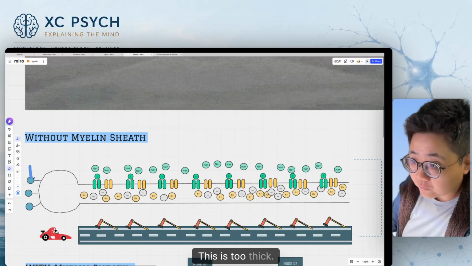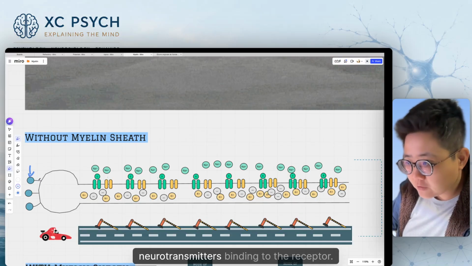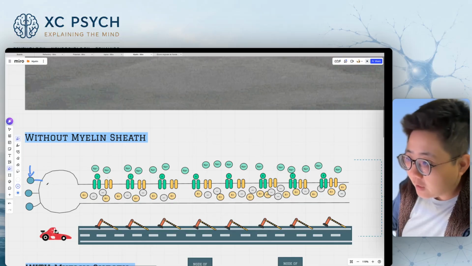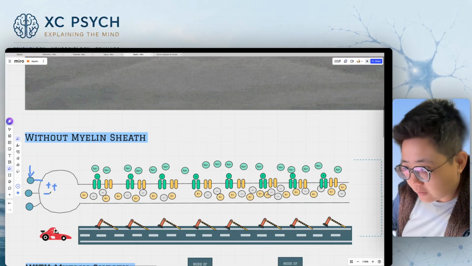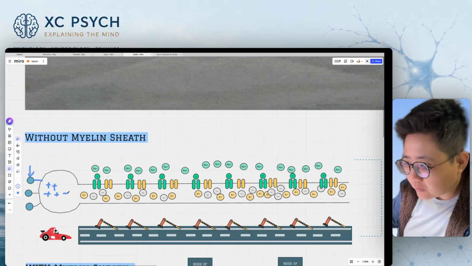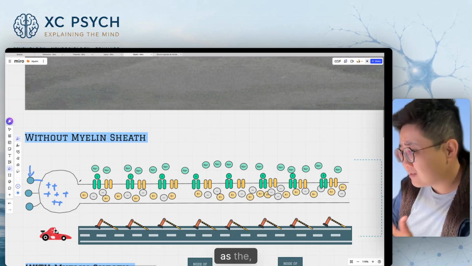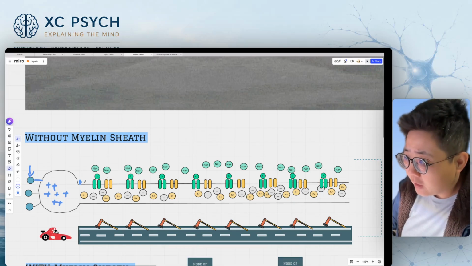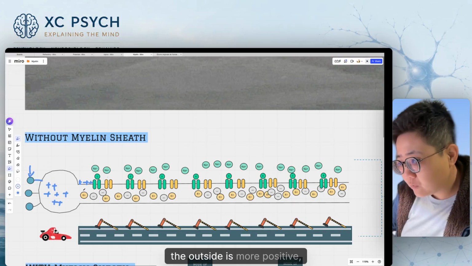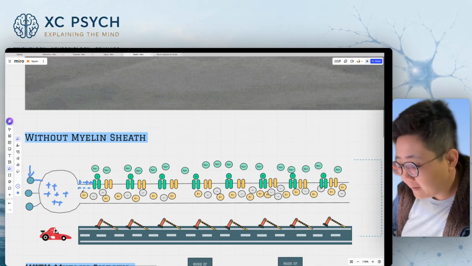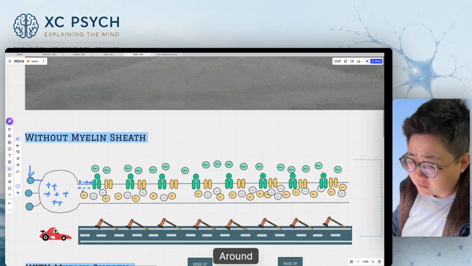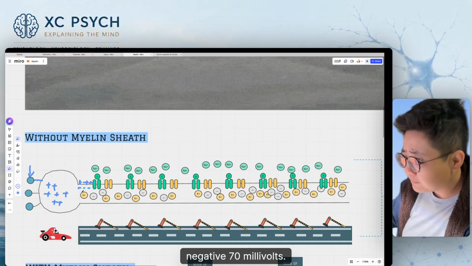We have our neurotransmitters binding to the receptor, and in turn, the internal becomes way more positive. Remember, at the initial stage, at the resting membrane potential, the outside is more positive, the inside is more negative. How negative? Around negative 70 millivolts.